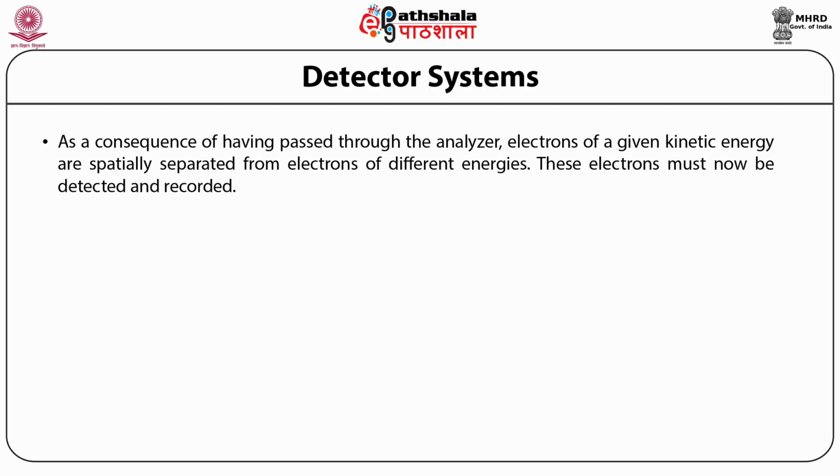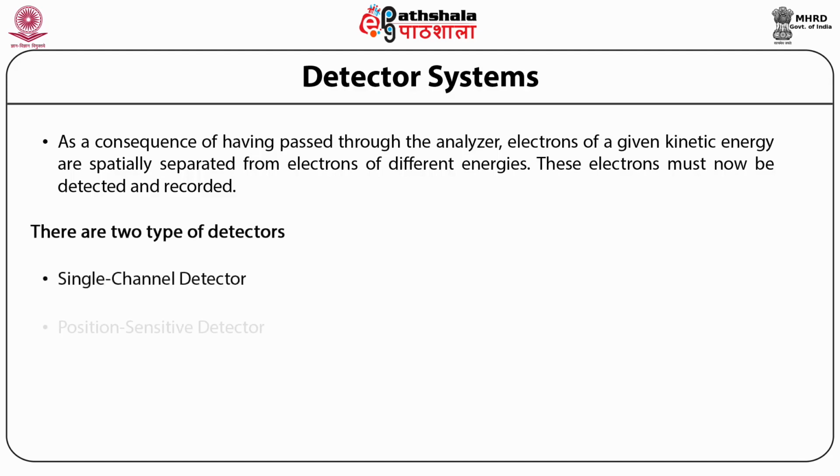This information must be stored and some method devised for scanning over a spectrum of electron energies. Finally, one may wish to process the data for plotting, curve fitting, subtracting background, etc. There are two types of detectors, that is single channel detector and position sensitive detector.